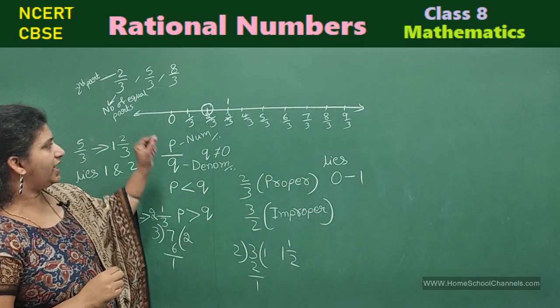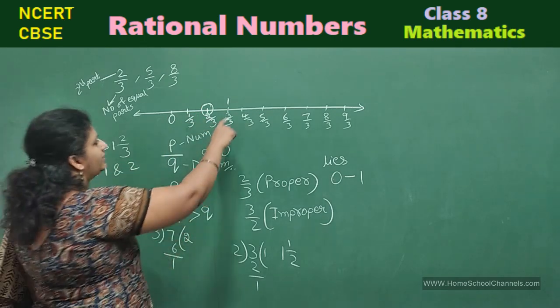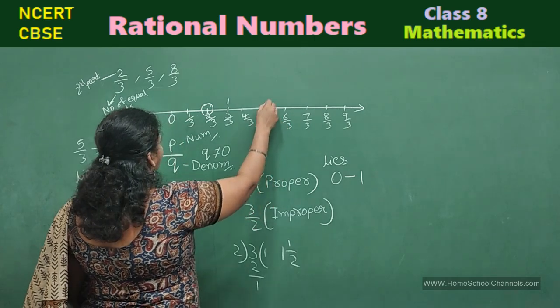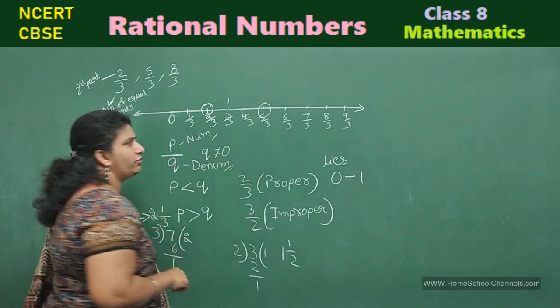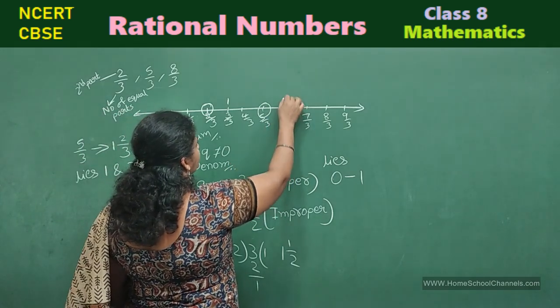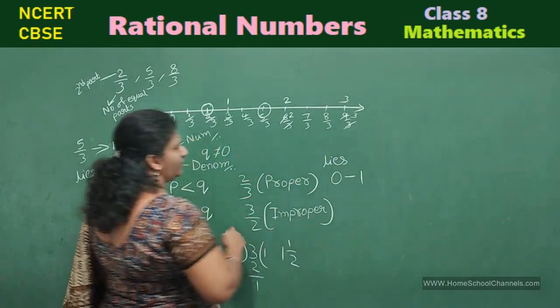Okay. So every unit is divided into 3 equal parts. This is 4 by 3, 5 by 3, 6 by 3. See here, this is the one you need to answer. 6 by 3 is nothing but 3 2s are 6, this is 2. And this is 3 3s are 9, this is 3.